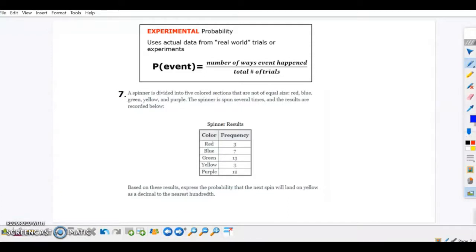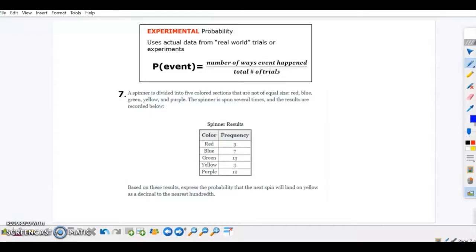Okay, one more like that. A spinner is divided into 5 sections. They're not equal sizes, so it's not equally likely that you would get each color. It's spun several times, and this tells us what it lands on. What's the probability that the next spin will land on yellow? So we're looking at using the experiment. So we need to find the total number of yellow out of the total number of trials.